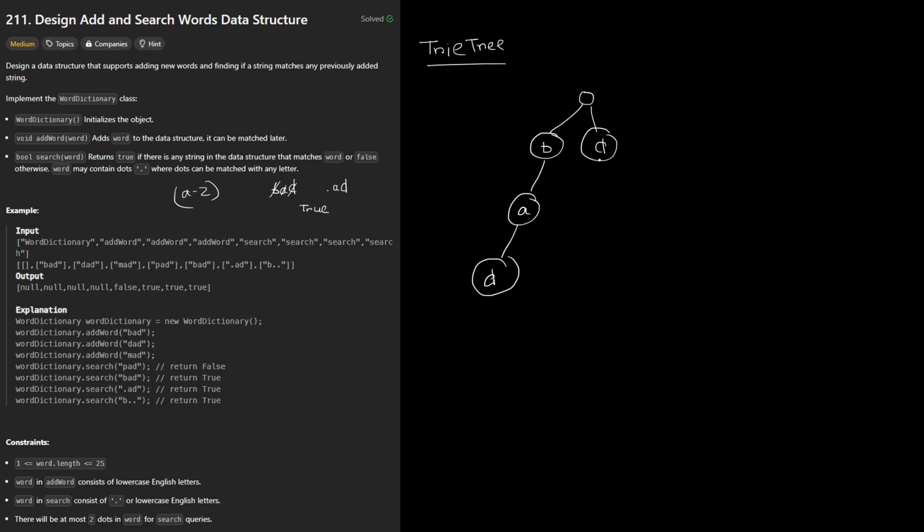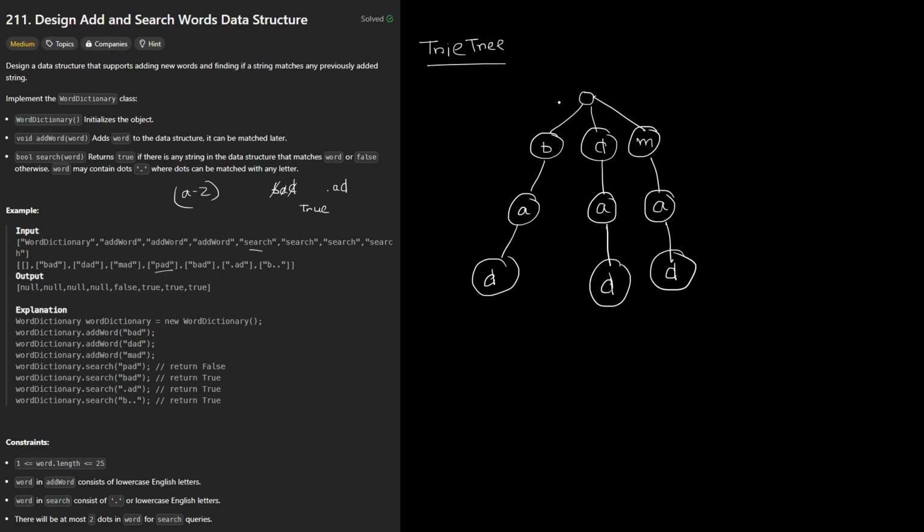So D, A, D. Then there is another word MAD. MAD also got added. Now we are just searching characters. Then we got something called PAD.